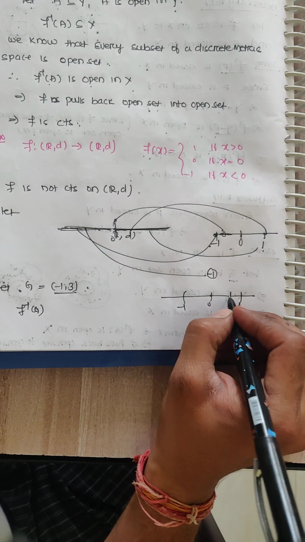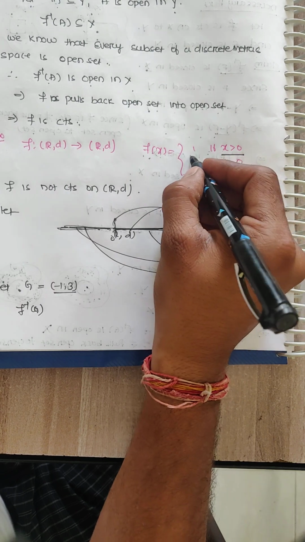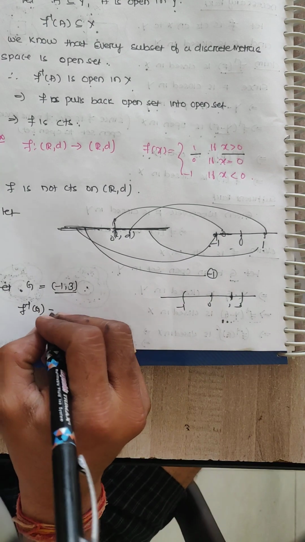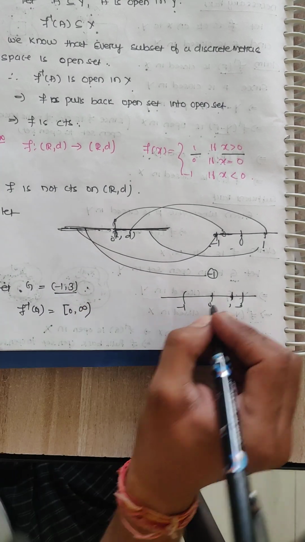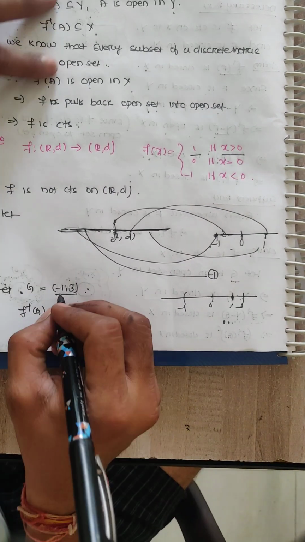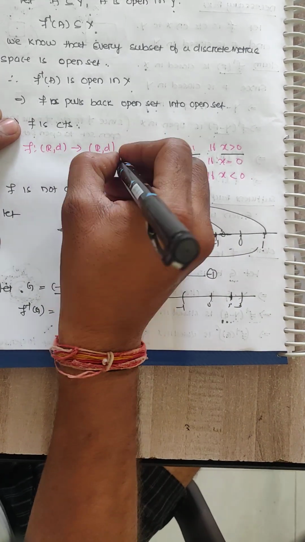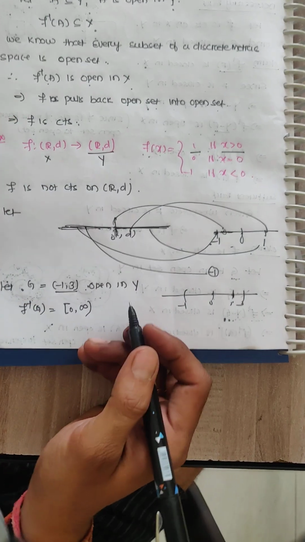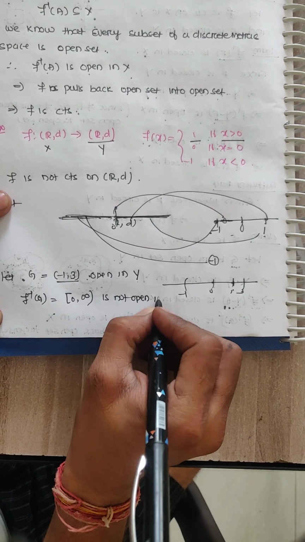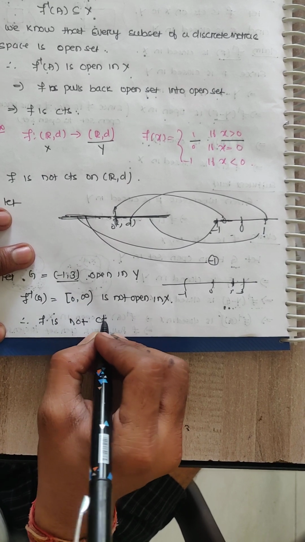The pre-image of 0 is 0, and the pre-image of 1 is all positive real numbers, because whichever positive number you take maps to 1. So f inverse G is the closed interval 0 to infinity, because 0 is for the 0 and infinity because all positive numbers map to 1. So G is open in Y, but f inverse G is not open in X, so hence I can say that f is not continuous.